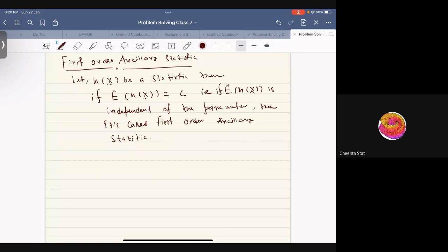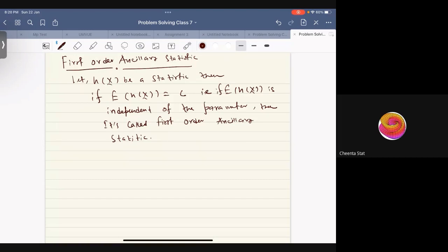But the complement of the ancillary statistic is the completeness. So your goal with the complete statistic is to remove the garbage information from your statistic. Then it is a good statistic, the best statistic in terms of this principle. That's why a complete statistic and an ancillary statistic are always independent. This is the main concept of Basu's theorem.